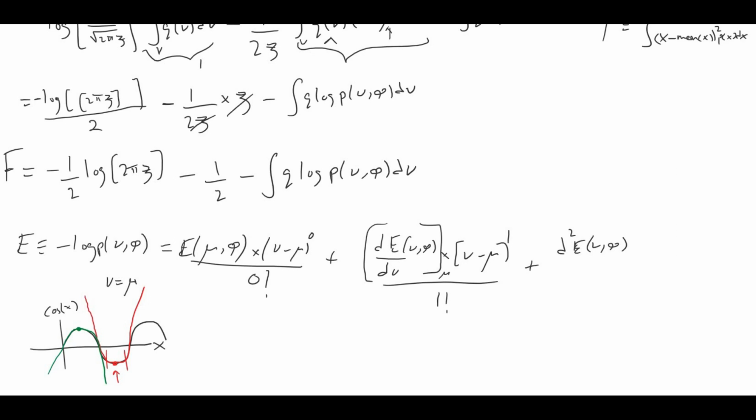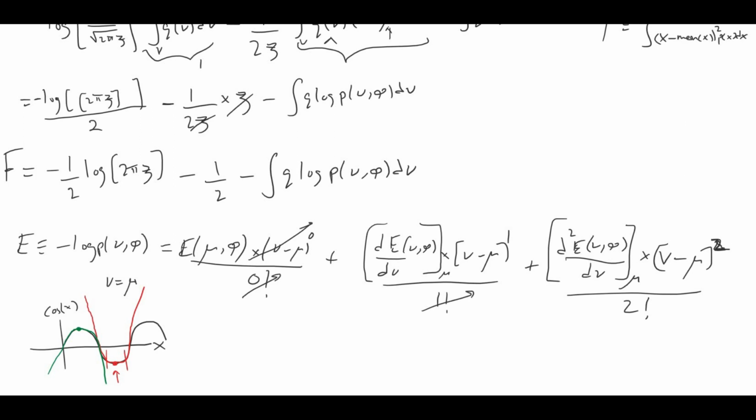And here we're taking the second derivative with respect to nu, also evaluated at mu, multiplied by this squared over 2 factorial. So here, this will cancel out, these are 1. Anything raised to the power 0 is 1, 0 factorial is 1, 1 factorial is 1, nu minus mu will stay where it is, 2 factorial is just 2, and so we can continue writing this. It will look like this.